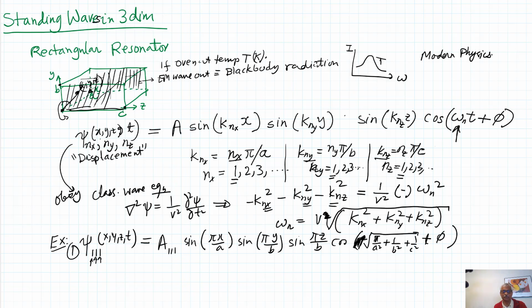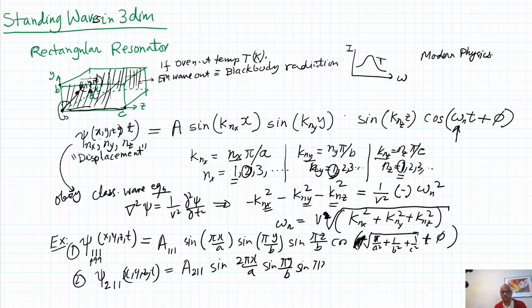You can see that if I picked any other value for k, it will be a higher frequency. So say I'm in mode 2 here, but 1 here and 1 here: mode 211, with x, y, z, t. A 211 sine 2 pi x over a, sine pi y over b, sine pi z over c. Oh, this is c, that was a mistake.